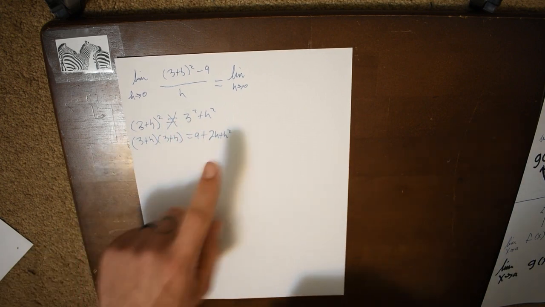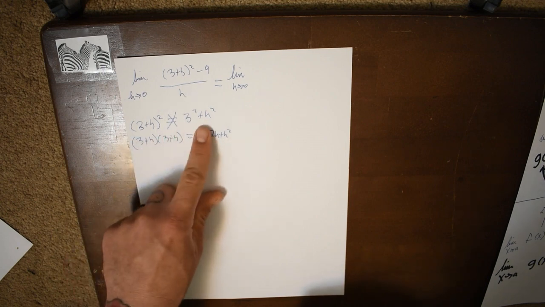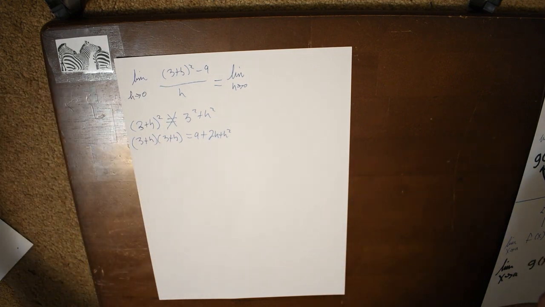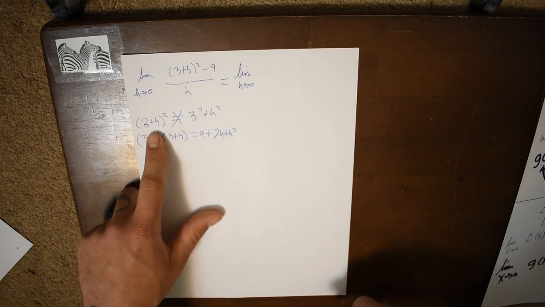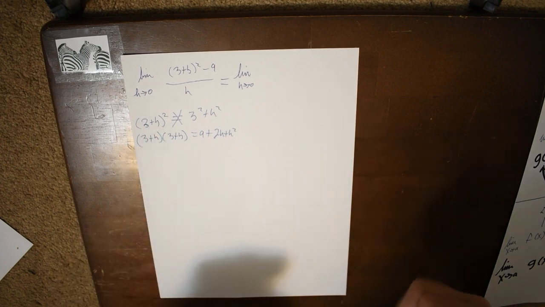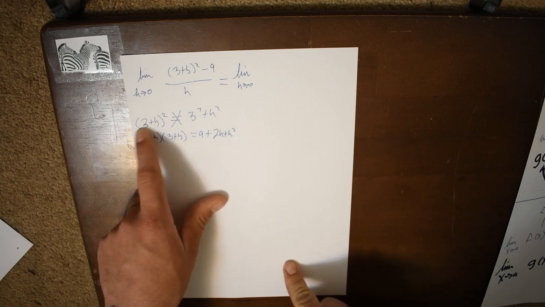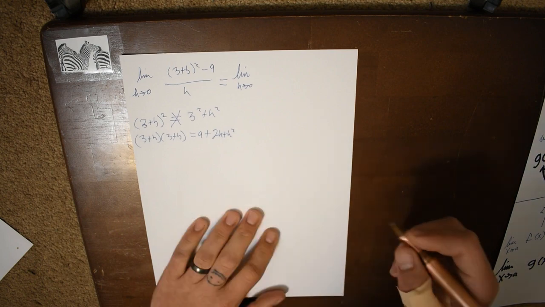You need to use your distributive property. Don't make that mistake. Remind yourself that you need to use the distributive property when you are squaring binomials. Whatever it takes, but just remember that you cannot distribute a squared over addition or subtraction. You got to use your distributive property. Okay.